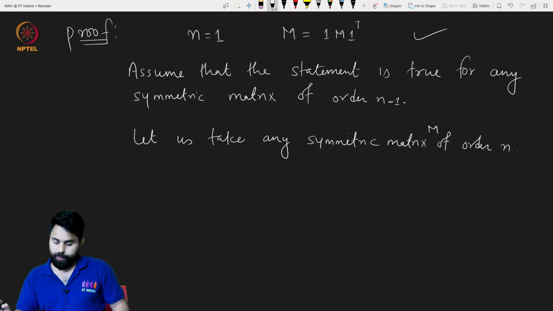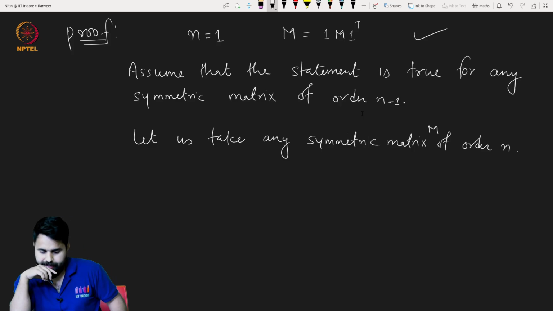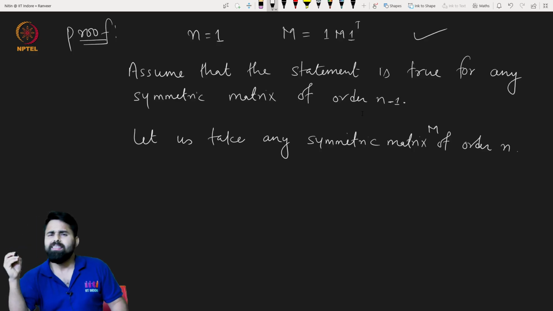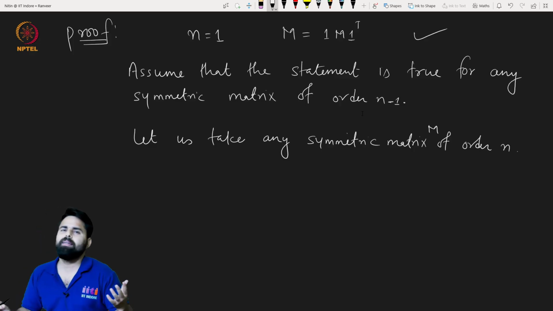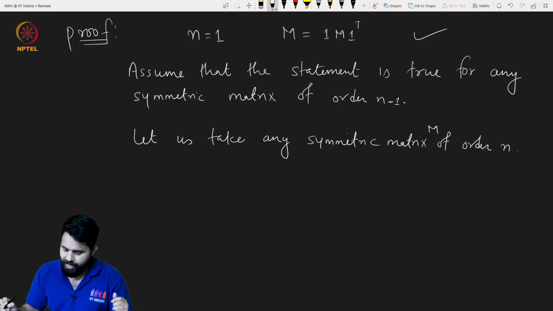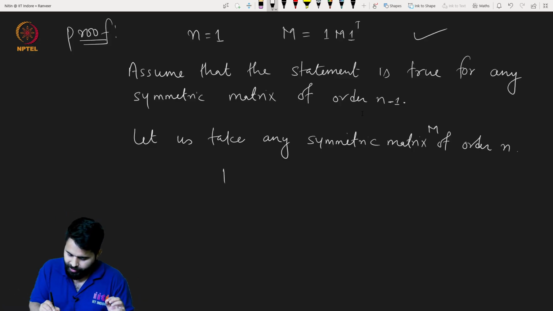So how to prove it? Basically use this and the base case, and then maybe some other property. Now suppose that M is the symmetric matrix of order n. Let us take one eigenvector and eigenvalue.